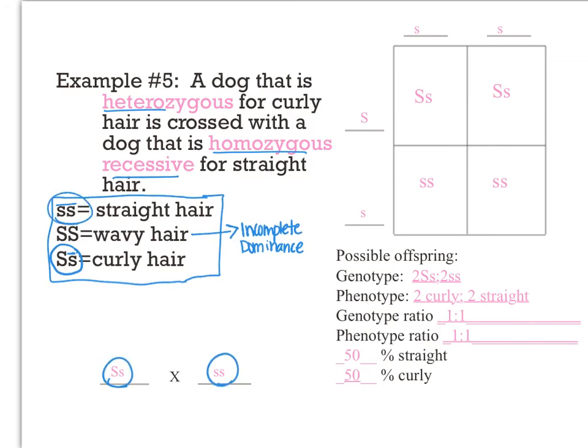Okay, and so we'll just put that there. So anyway, when we cross these, you still are going to get 2 that are big S, little s and 2 that are little s, little s. And so if I look back at my key, I can see 2 have curly hair and 2 have straight hair. So we have it. So that will be a 2 to 2 ratio, which remember you can reduce to 1 to 1.